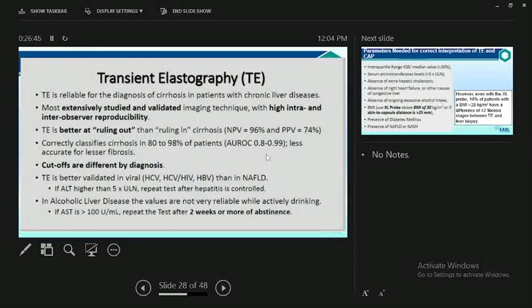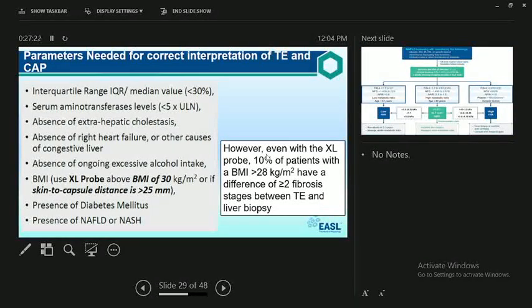Transient elastography is the most effective and validated method, and it helps you to rule out fibrosis rather than rule in. If it is negative, it is negative. But if it is positive, then you have to work it out. The cutoff varies, and there is still doubt about the cutoff values, because transient elastography was better validated for viral-induced fibrosis like Hep C, HIV and Hep B rather than NAFLD.